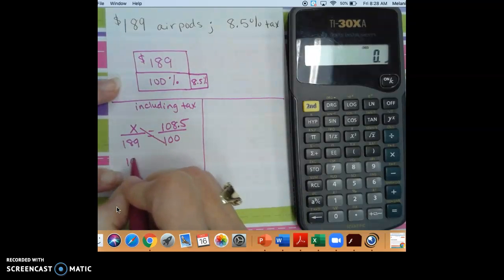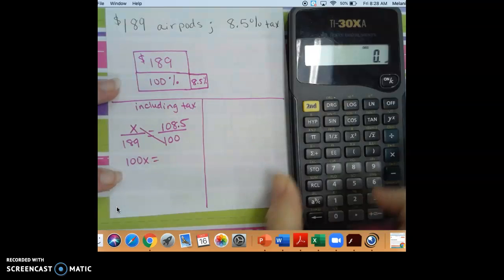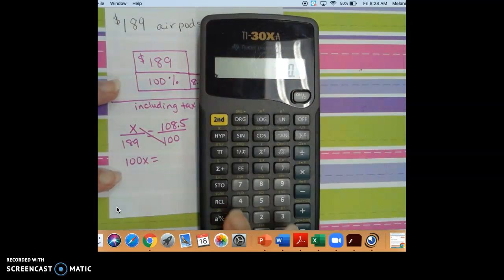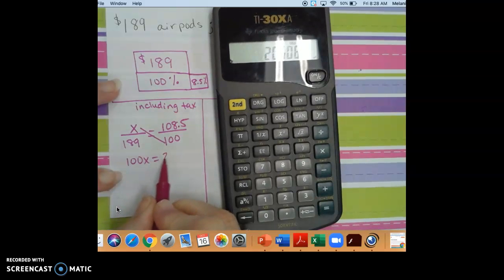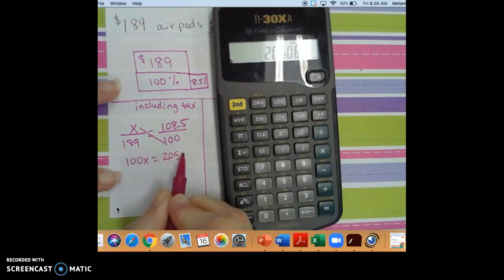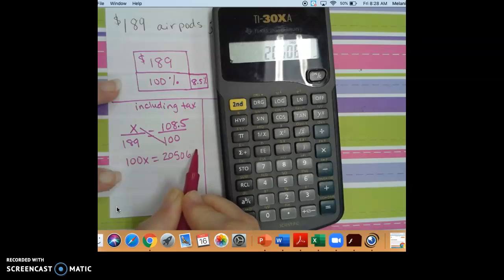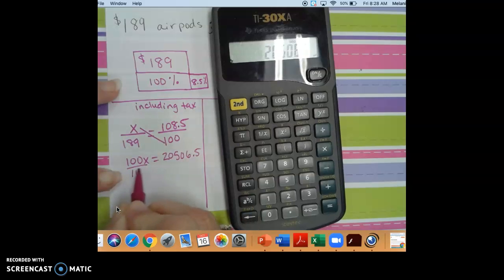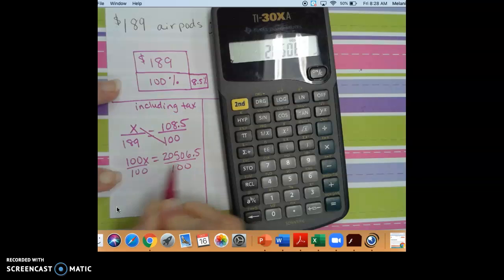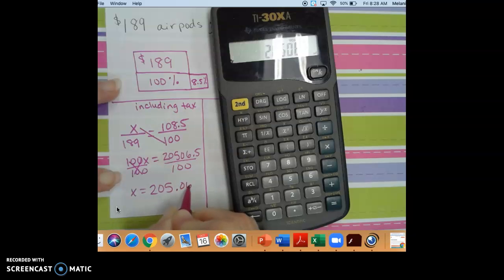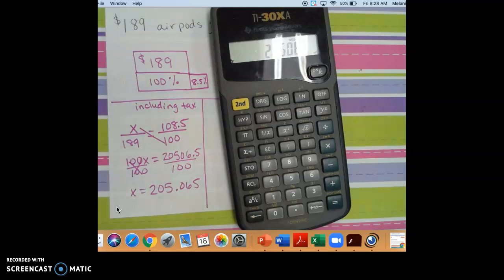So 100X equals, and let's see what this number is going to be. 189 times 108.5. Okay, so I got 20506.5. Gracious, a lot of little numbers there. Okay, when I divide, now we need to think about money.